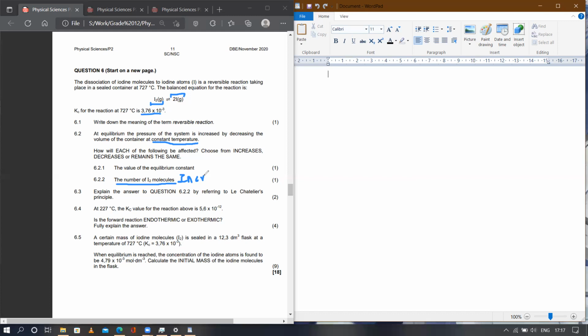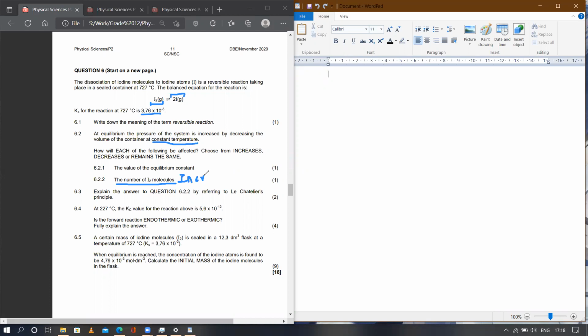So in this particular case, you're gonna say, according to Le Chatelier's principle, if the pressure is increased, the chemical equilibrium is gonna shift to the side of fewer moles of gas, and more moles of iodine molecules are gonna be produced and fewer moles of iodine atoms.